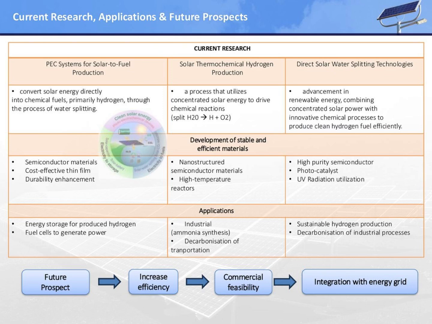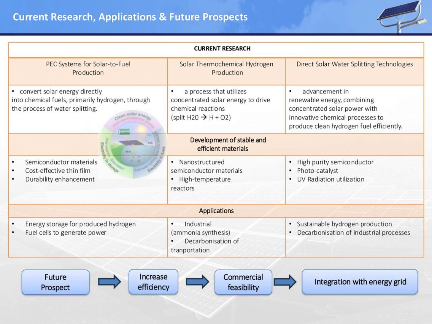We use the system in industrial applications such as ammonia synthesis, and also for decarbonization of transportation such as long distance trucks, ships and planes, which contributes significantly to efforts aimed at decarbonizing these industries.